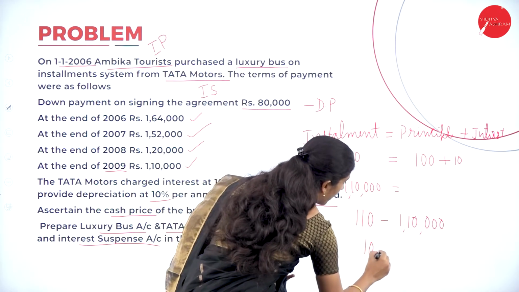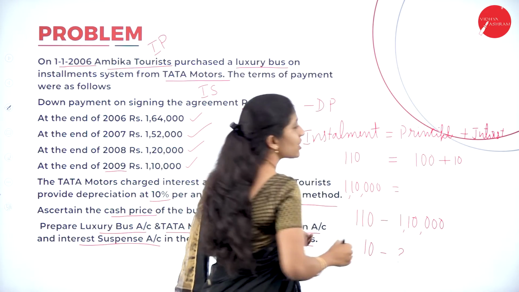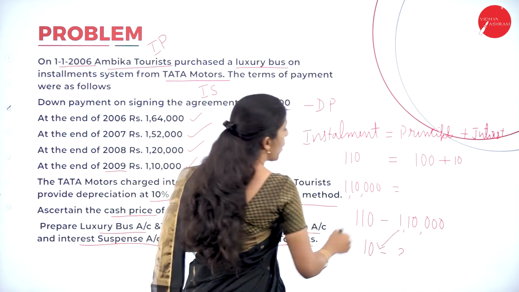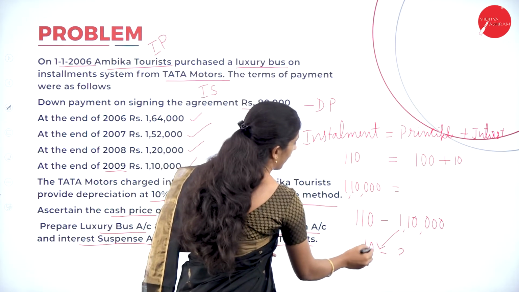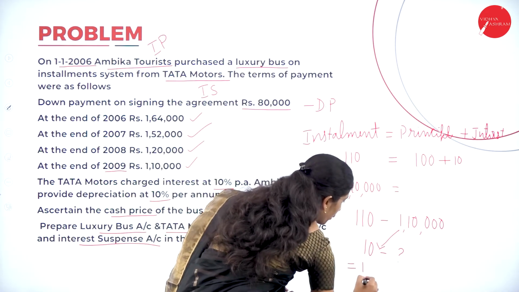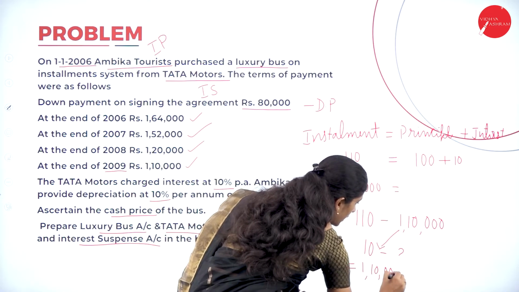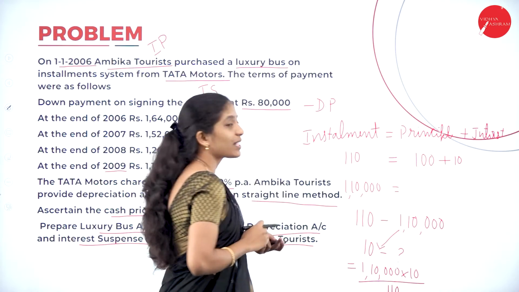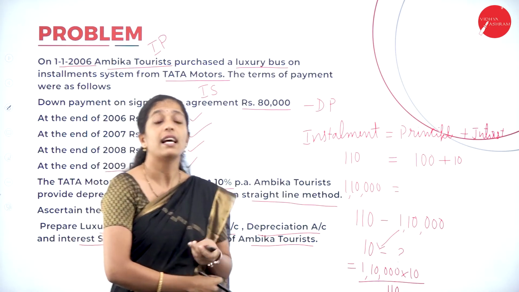So, for 10, how much is the interest? For 10%, cross multiply: 1,10,000 into 10 divided by 110. So, this is how we are going to calculate the interest.